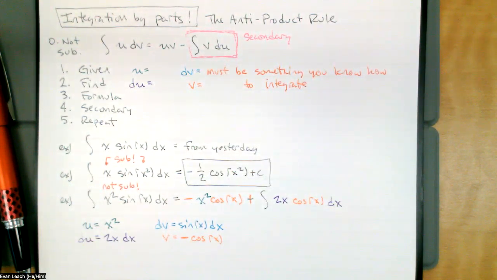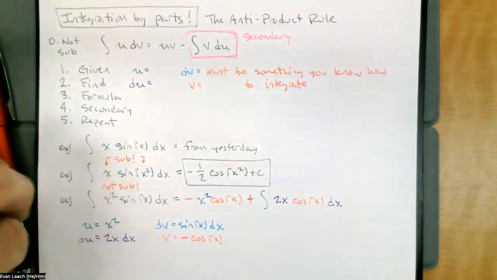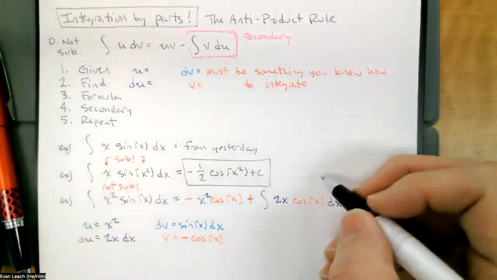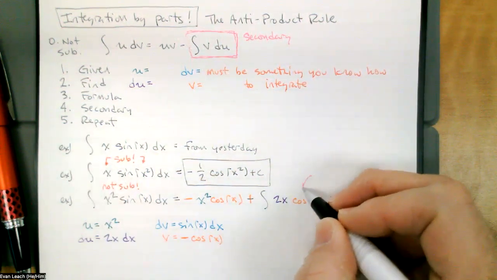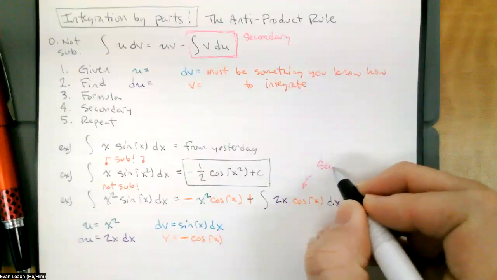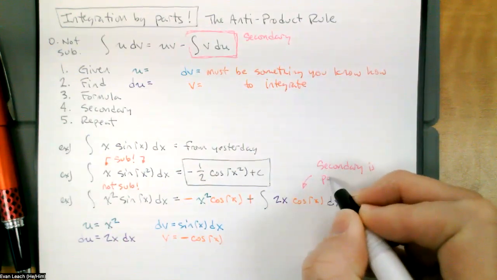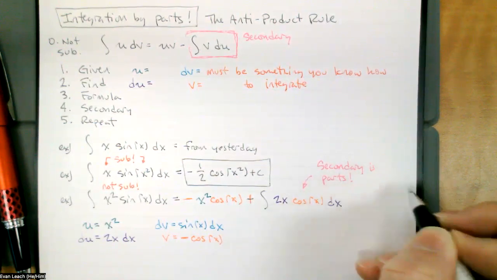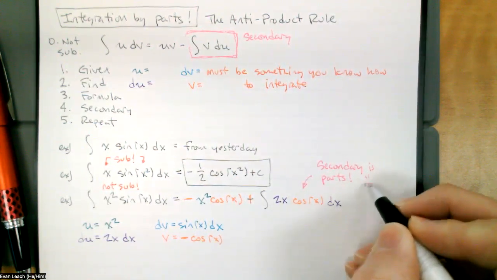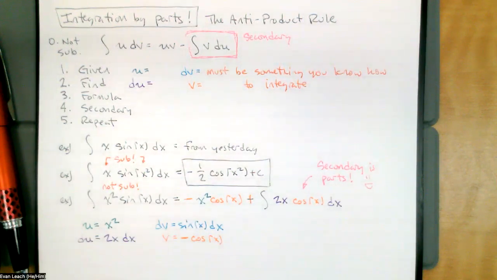Next, we're at the secondary integral, which means we're going to repeat this process. There's 2x cosine of x. This is another parts problem. So it's a 2-for-1 deal.